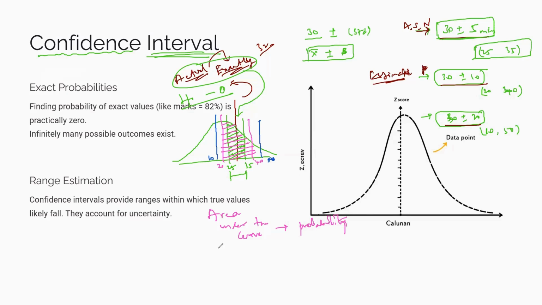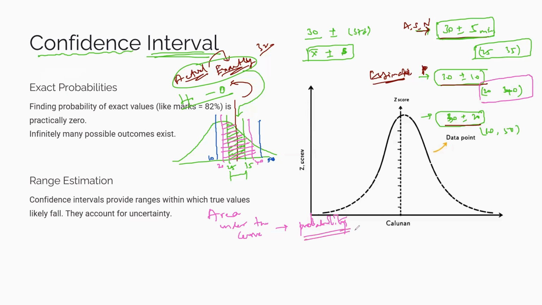So you tell me the chance of the actual value falling in this green zone is more, or the probability of the value falling in this pink zone is more. Which one is more? I'm asking about probability.